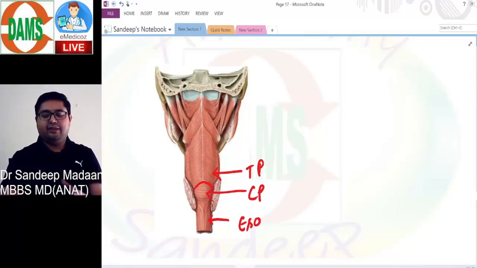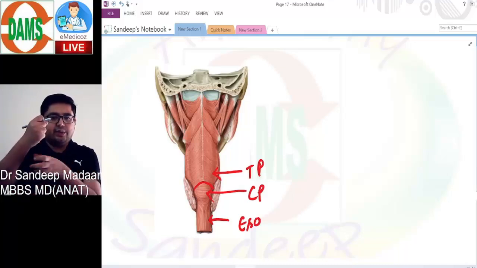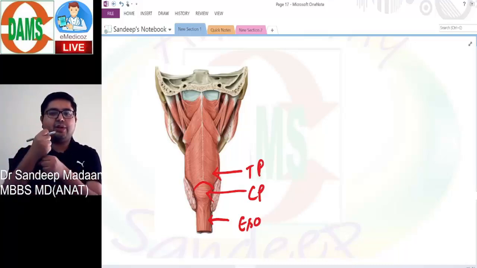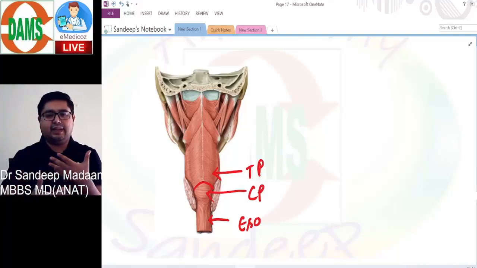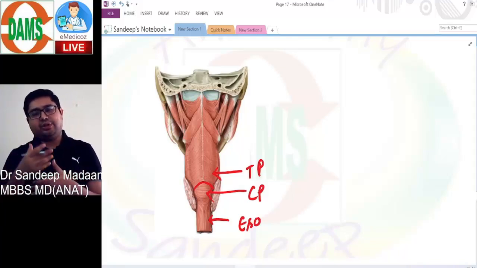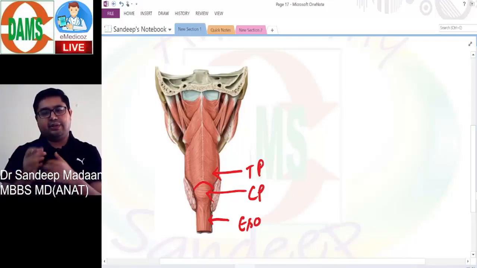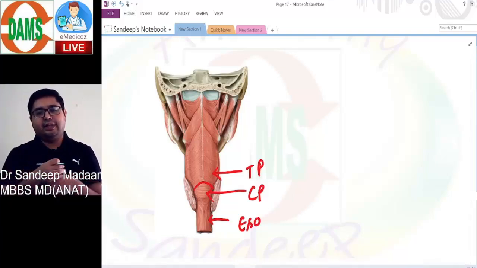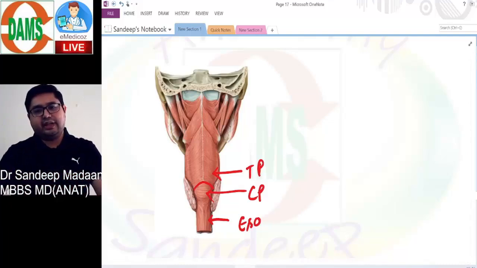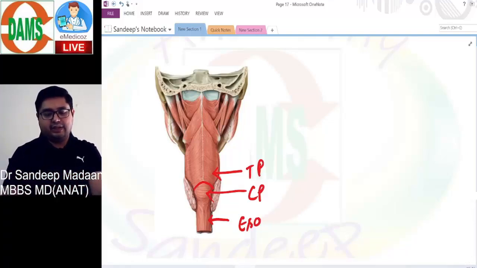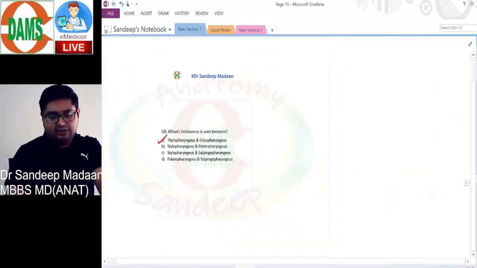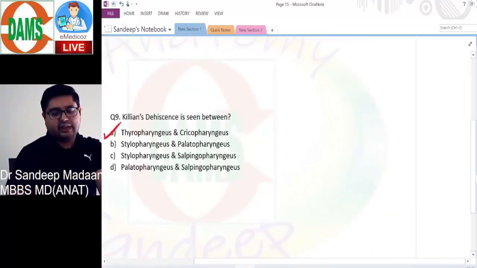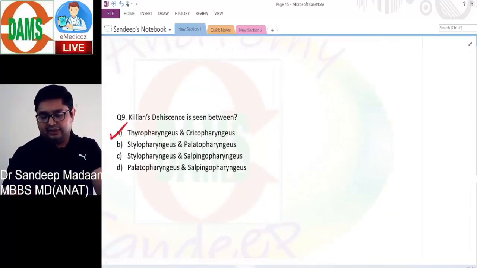Because normally when the thyropharyngeus is contracting, the cricopharyngeus will relax. Both of them are not contracting at the same time. This ensures that peristalsis goes from proximal to distal direction. But if there is incoordination and both the muscles contract together, then there will be huge pressure inside. It will lead to Zenker's diverticulum, right? So the answer to this question is thyropharyngeus and cricopharyngeus, right?